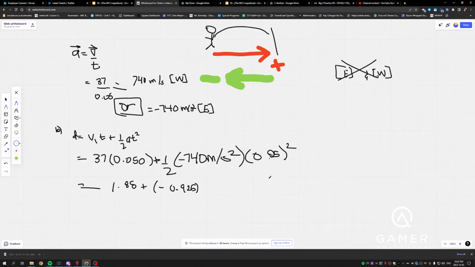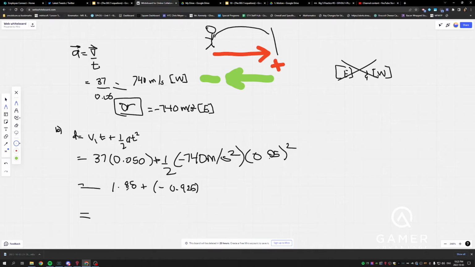So when I put all of this mess into my calculator, I end up getting negative 0.925. Don't forget that we're squaring the 0.050, then we're timesing it by negative 740, and then dividing everything by 2.